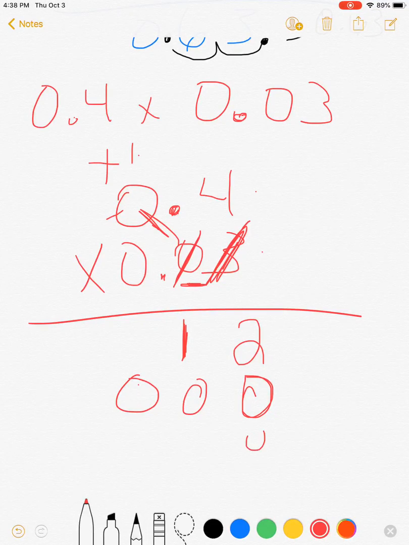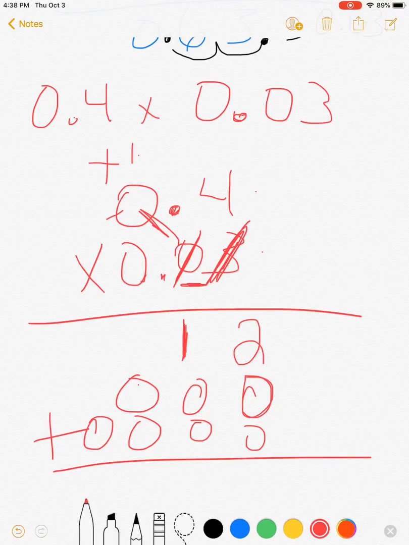I'm done with 2 place values, so I have to mark it off at the bottom. Now we go here. 0 times 4 equals 0. And then 0 times 0 equals 0. That's it. All we do is add. 2 plus 0 equals 2. 1 plus 0 equals 1. 0 plus 0 equals 0. 0 plus nothing equals 0.